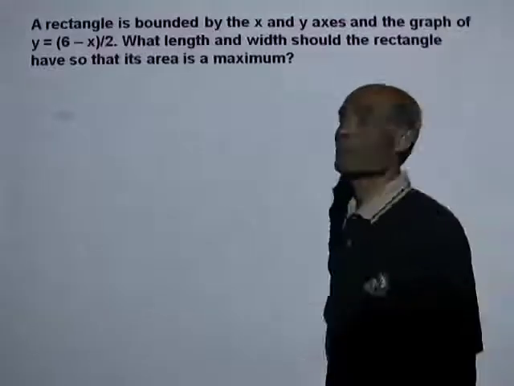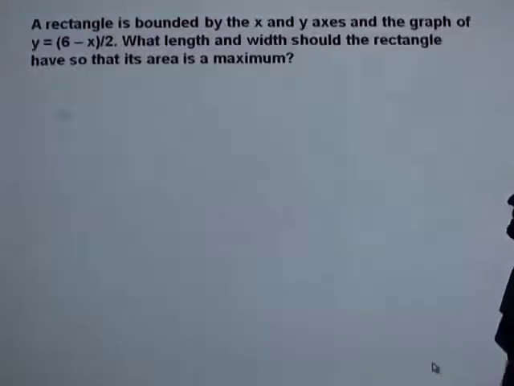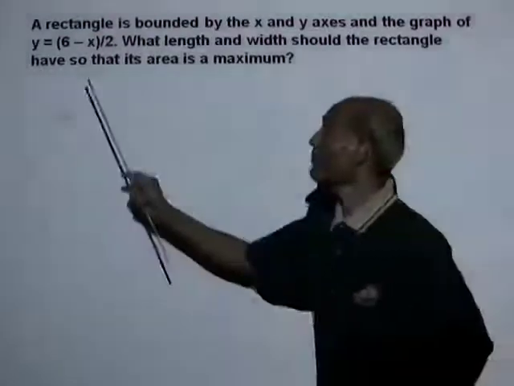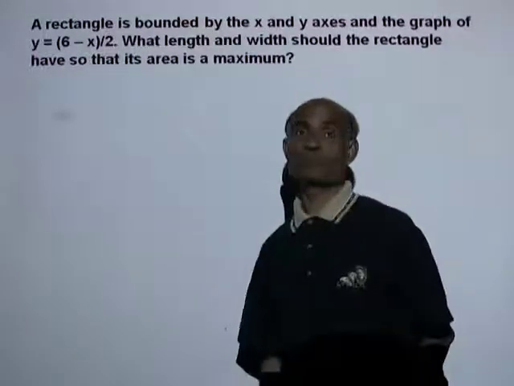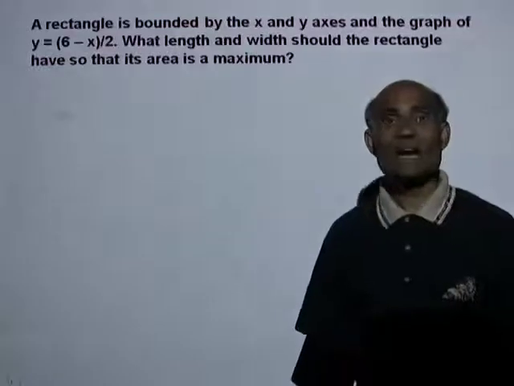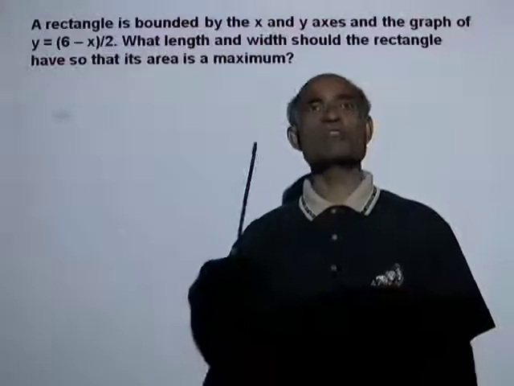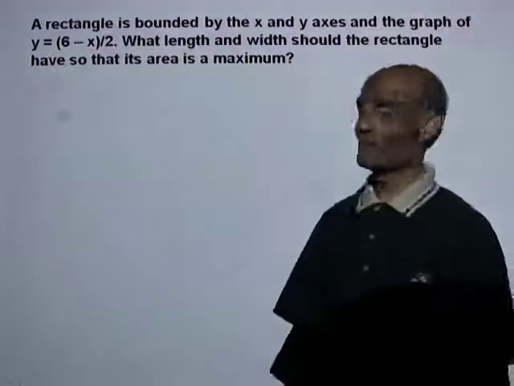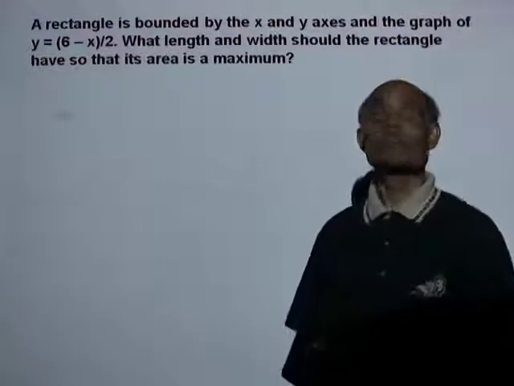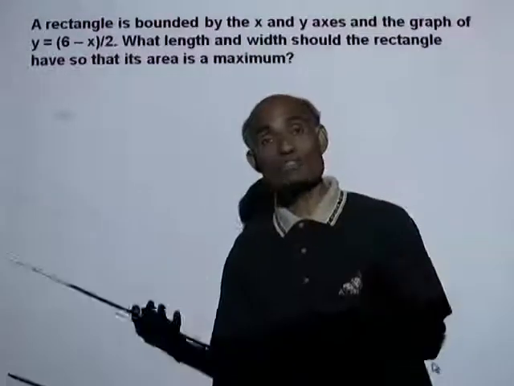Let's try another one. A rectangle is bounded by the x and y axis and the graph of y equal to 6 minus x divided by 2. What length and width should the rectangle have so that the area is a maximum? Well, here we are talking about the area of a rectangle.